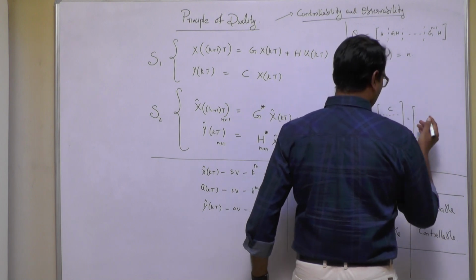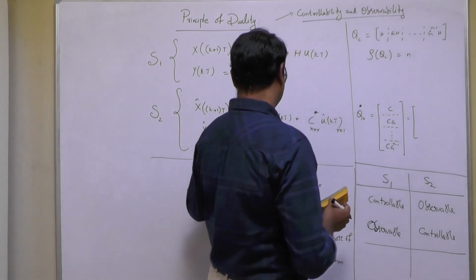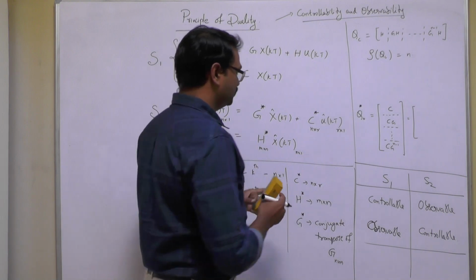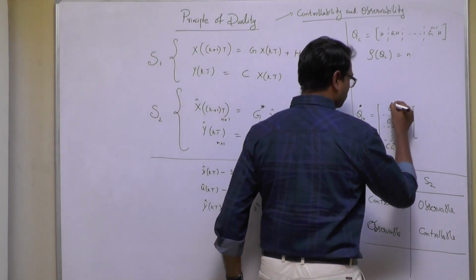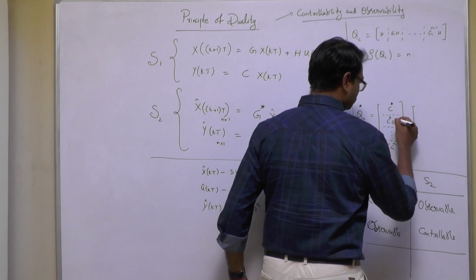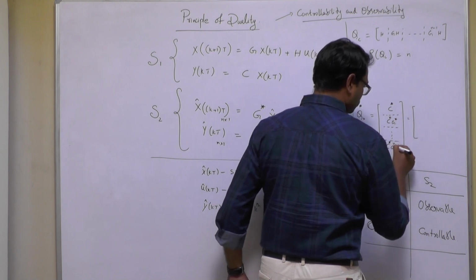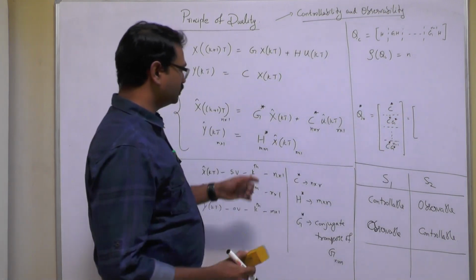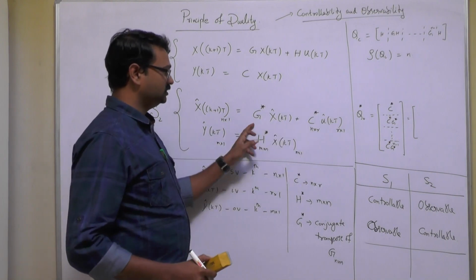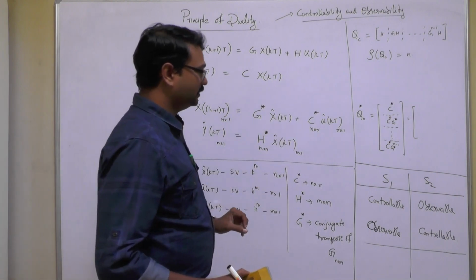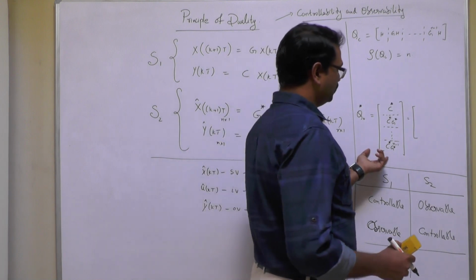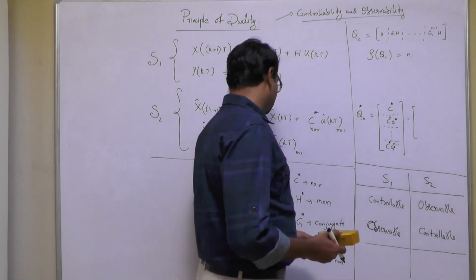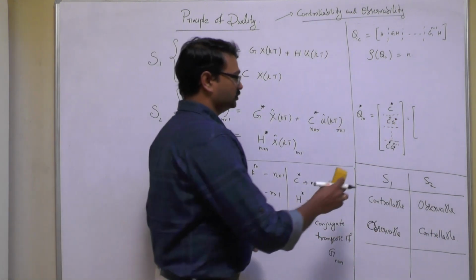You can say that here I will put C star, G star, and H star, because the matrices here are G star, C star, and H star. So we can consider these matrices and put them as controllable in this sort of form.